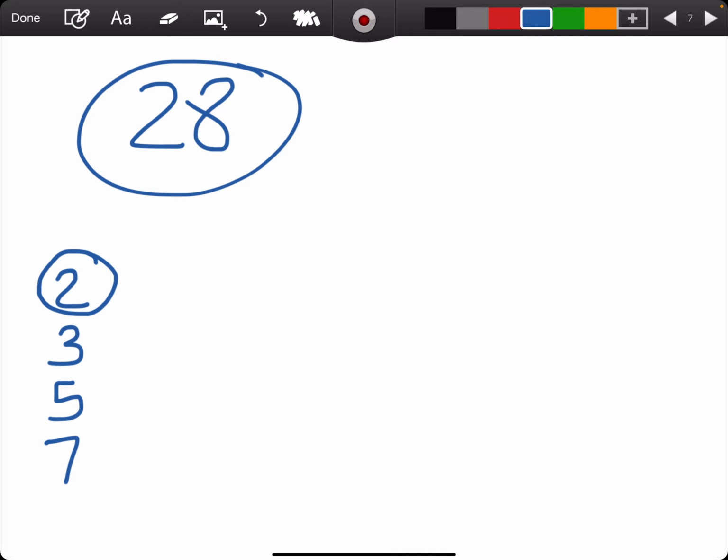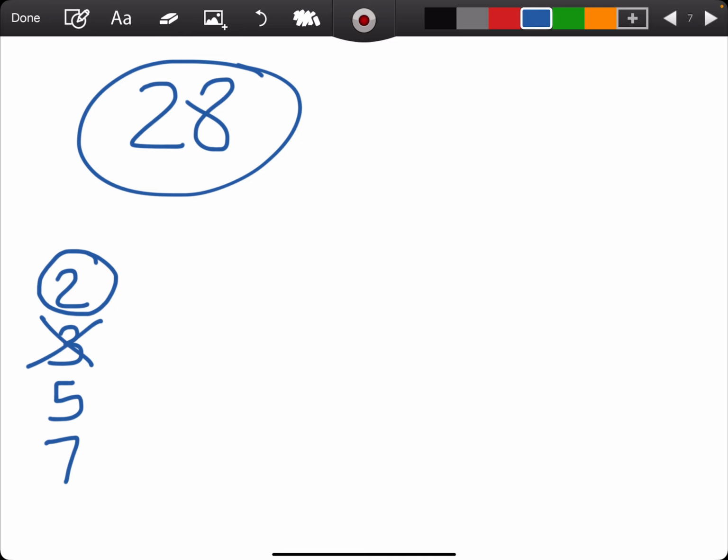Is 28 a multiple of 3? 3, 6, 9, 12, 15, 18, 21, 24, 27, 30. No, 28 is not a multiple of 3. Now look at 5. Is 28 a multiple of 5? I automatically know it's not, because if I count by 5s, the multiples have to end in a 5 or a 0.